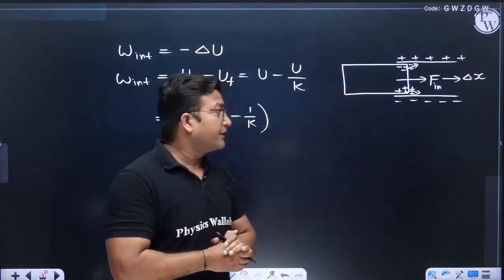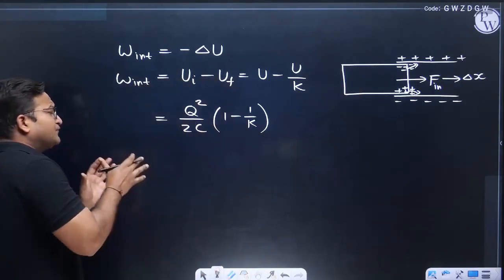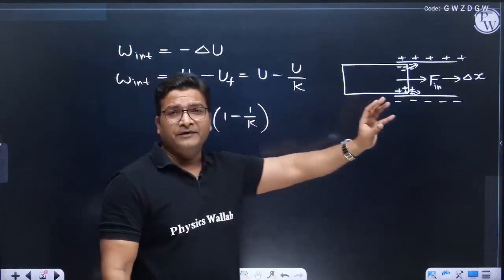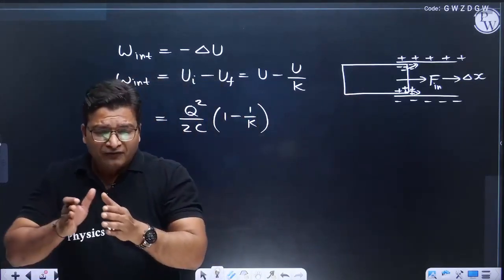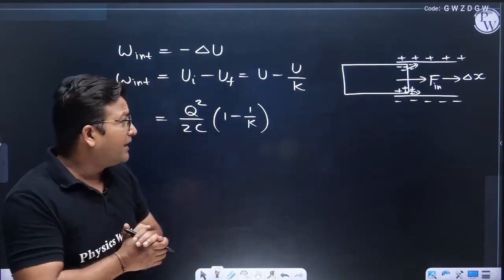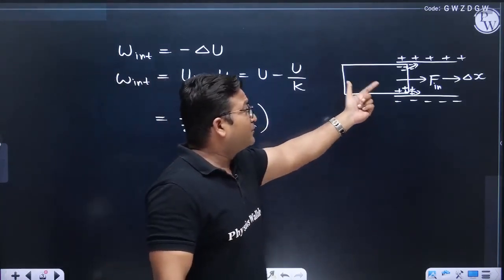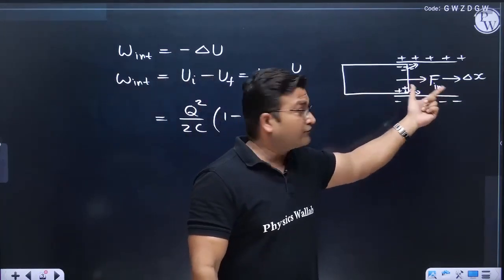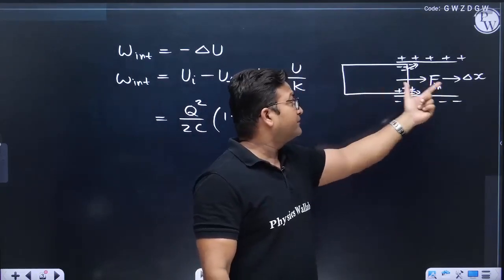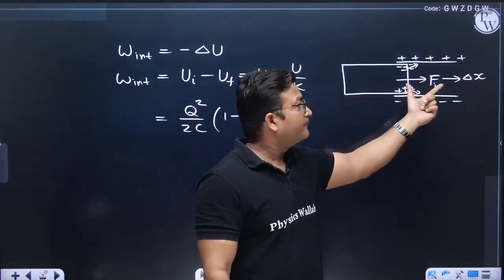This force will accelerate the slab if we can ignore the friction and air resistance, and this slab is going to have a lot of kinetic energy because of this work when it goes completely inside.